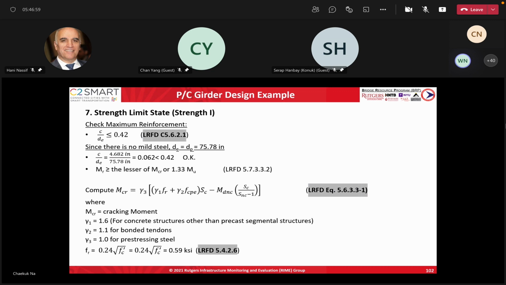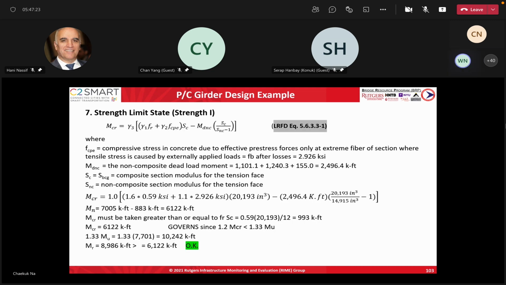So these need to be checked. fr is the modulus of rupture. It has a new expression now in AASHTO: 0.24 square root of f'c, of course. And we have other expressions. We have fcpe, Sc, and Snc. They are defined in the next slide.